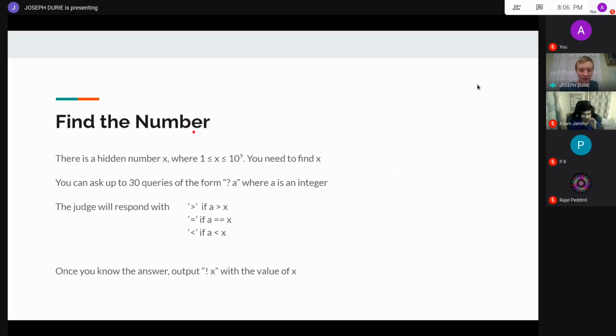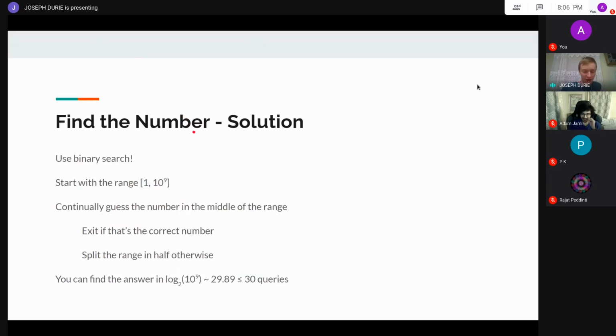So what we can do is binary search for the value of x. The queries that we do, you can use as your binary search check to see if the number is too big, too small, or equal. And it turns out that we can do this in log base 2 of 10 to the 9, which is about 30 queries.